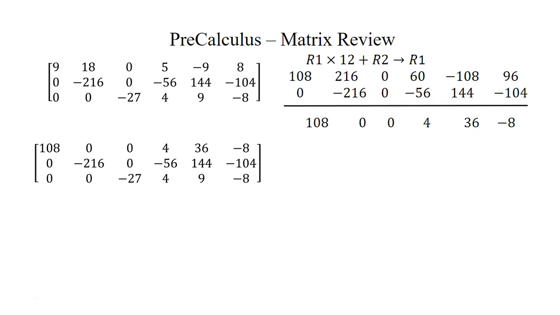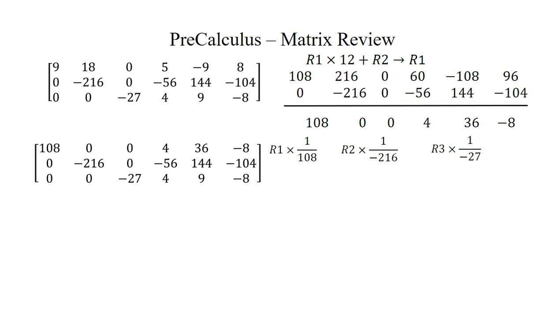Now, I can get the diagonal to be 1s by dividing everything by the number in the first 3 columns. So I'm going to divide or multiply by 1 over 108 for the first row. For the second row, I'm going to multiply by negative 1 over 216.